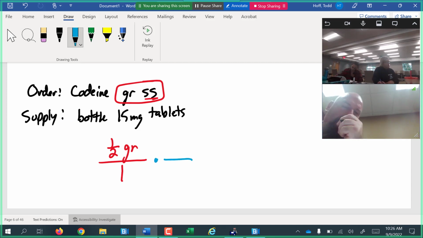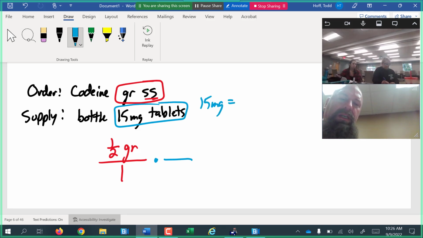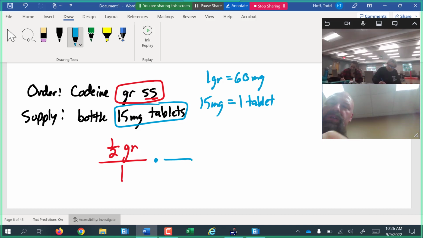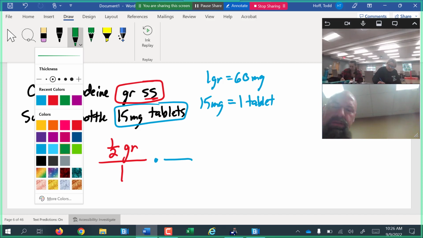Now again, our equivalency here is 15 milligram tablets. That means 15 milligrams is equivalent to or equal to 1 tablet. Well, there's no grains anywhere in that, but we know from a standard conversion that 1 grain equals 60 milligrams. So we use that conversion to get rid of the grains.